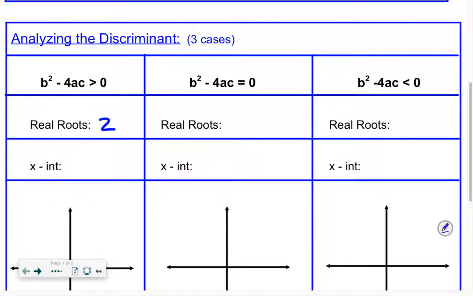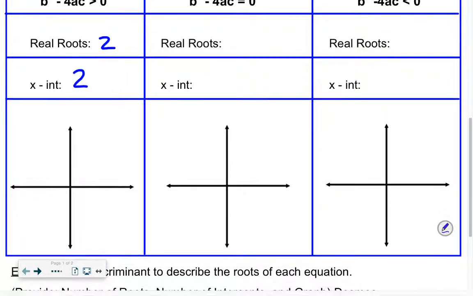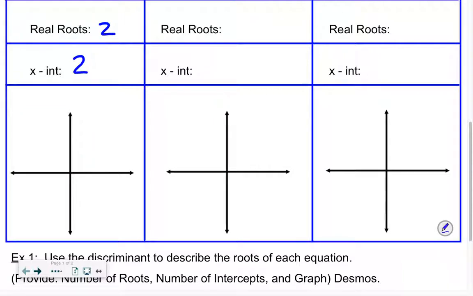How many x-intercepts do you suppose we're going to have? 2. And you would be right. Therefore, if I go to graph this, I can have a parabola that looks like this with those two intersections.